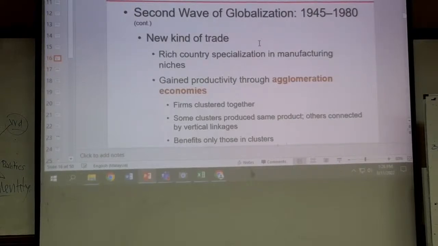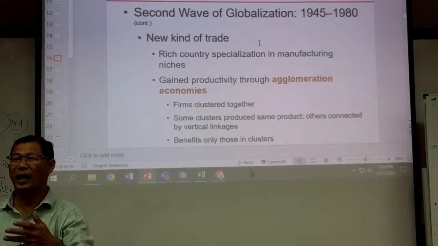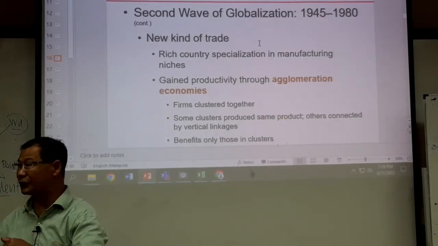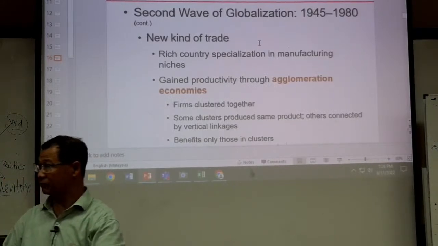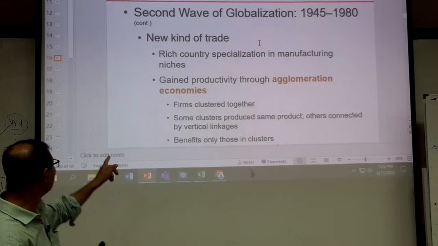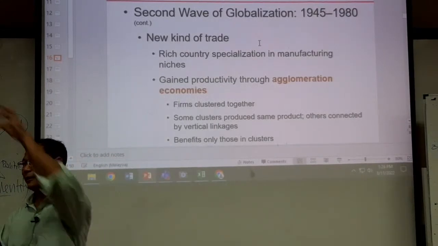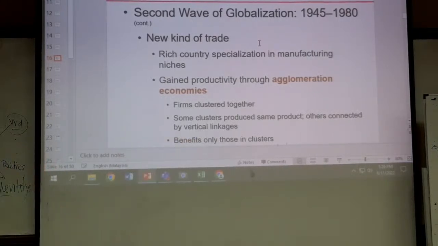The positive externality that companies gain from being in the same location. They can get similar human resources, they can benefit from similar infrastructure, and so on. Firms cluster together. Fashion here, food here, automobile there, electronics there.